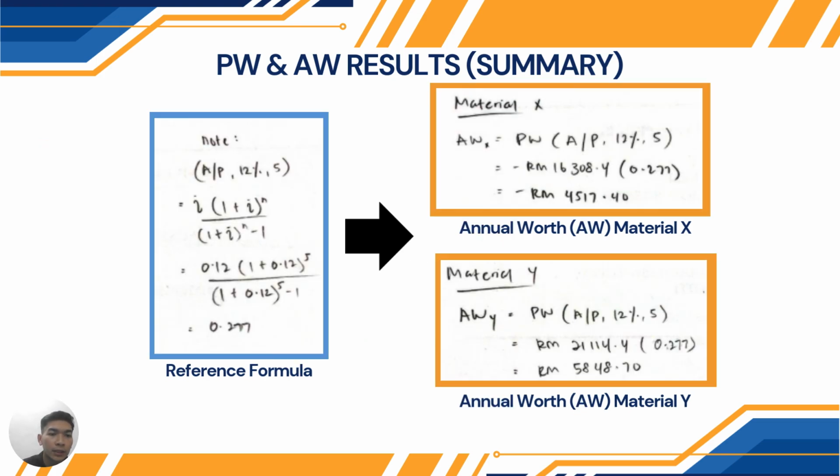Next, for the annual worth of material X, we also got a negative, which is negative 4,519.4, and for the annual worth of material Y, we got 5,848.70.